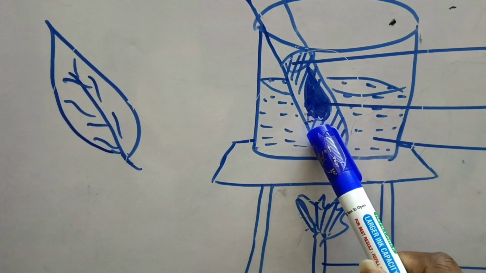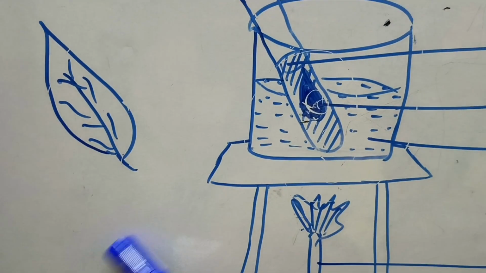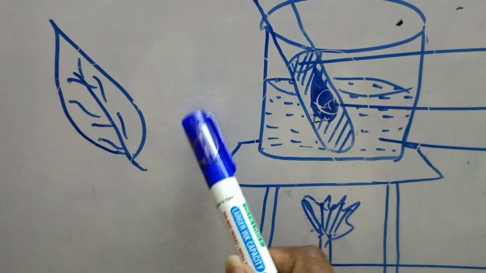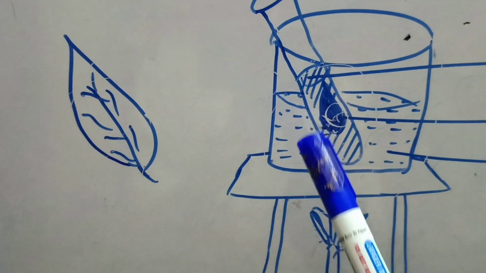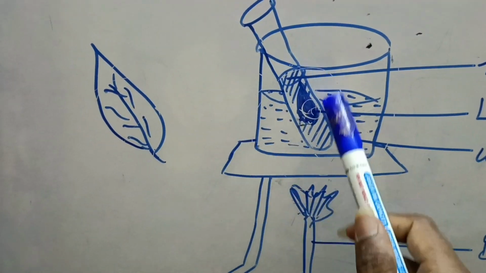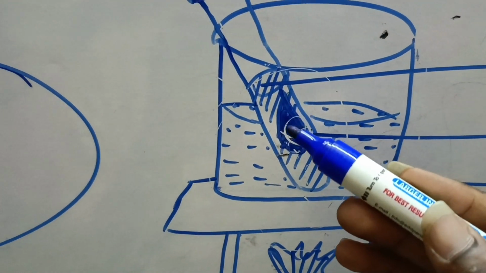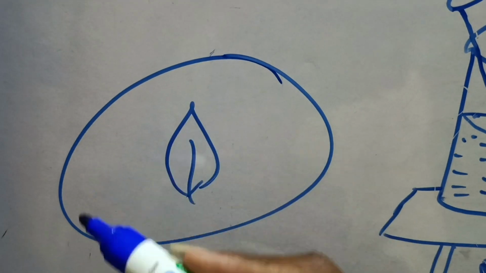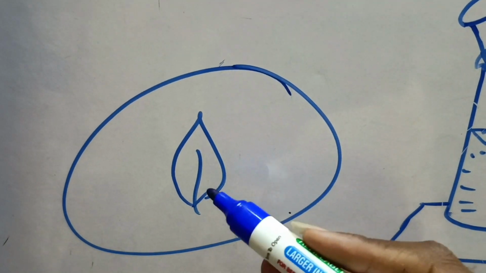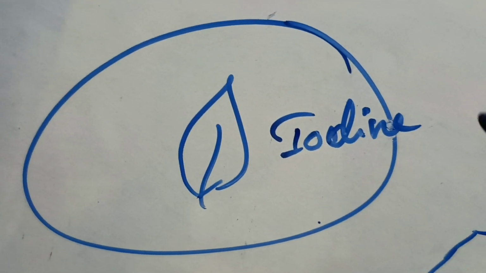This is called the double boiling method. We can't do that directly. By taking the methylated spirit in this test tube, it will remove the chlorophyll from the leaf. When it is removed, it becomes very pale, and take it into the petri dish, and add iodine solution.